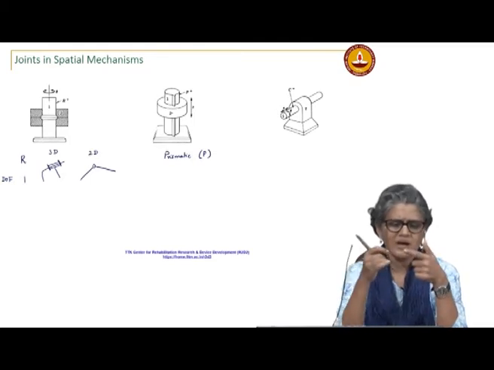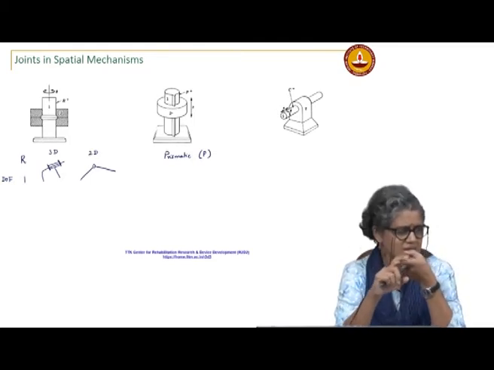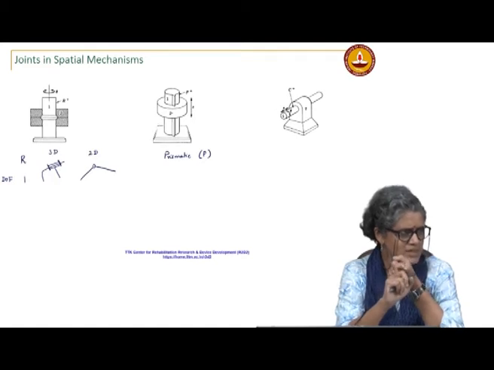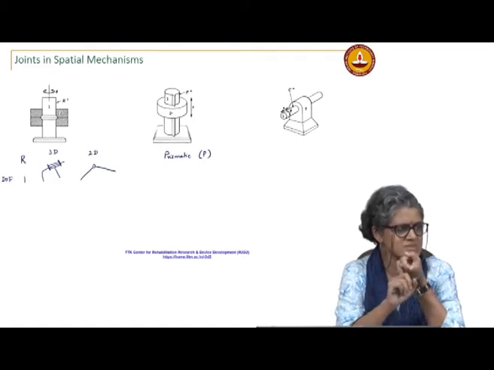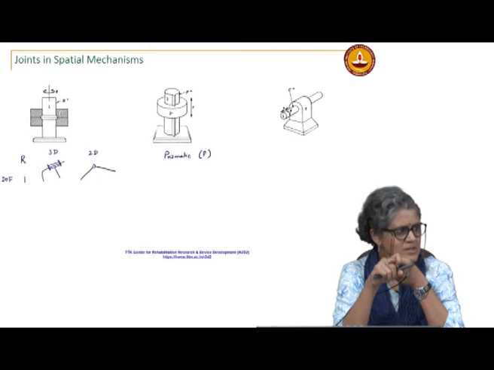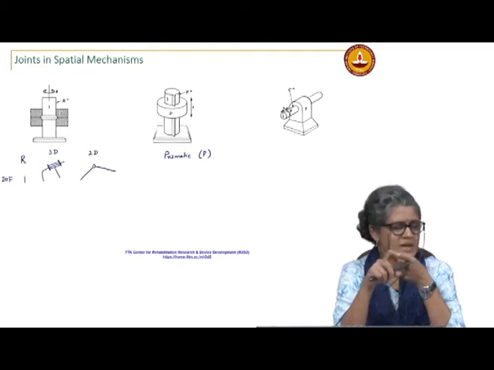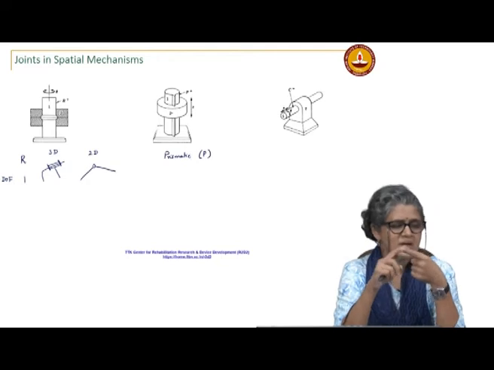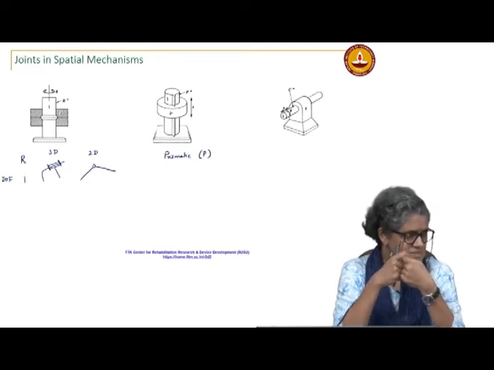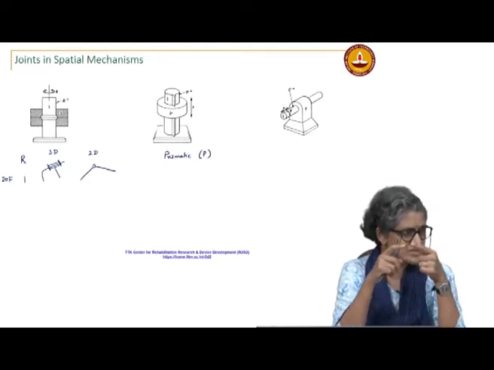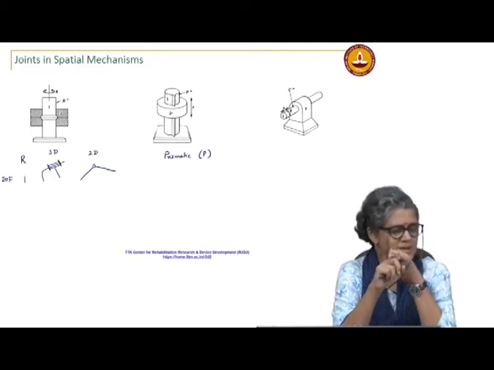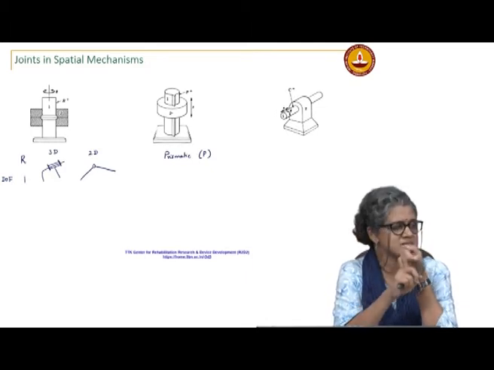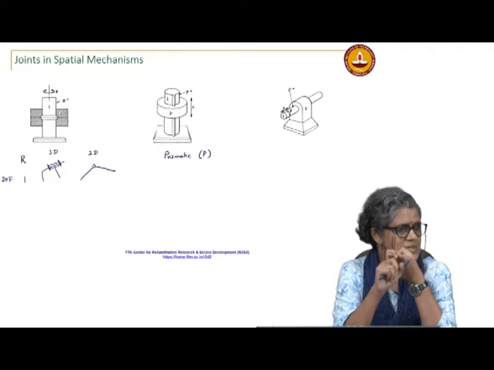So, you have one link, you have another link. When you connect them by a revolute joint, it allows only rotation of one link with respect to the other. That is the only motion that is allowed. It does not matter what the direction of the axis is. When I have a revolute joint, it basically restricts all other degrees of freedom between the two links.